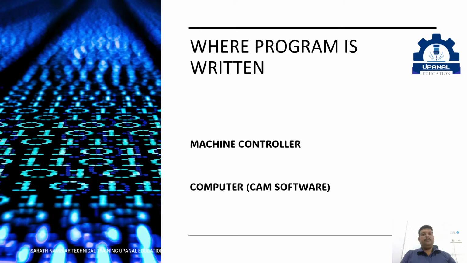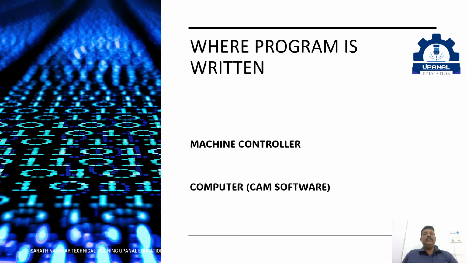Now, you might be wondering, where do we actually write these programs? Directly into the machine controller. We can directly come to the CNC machine. Or the second option, we will use a computer and a CAM software, which can be SolidCAM, MasterCAM, or Symmetron.